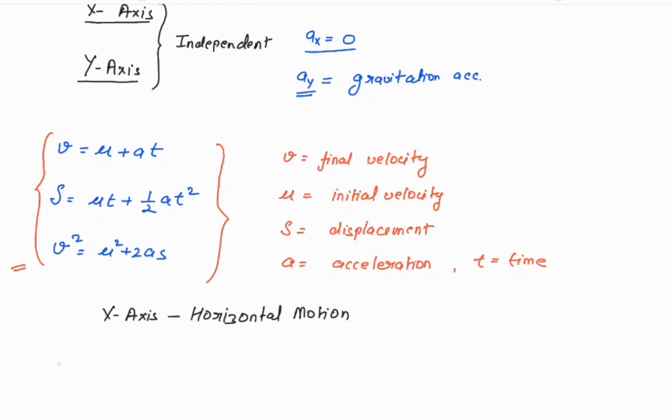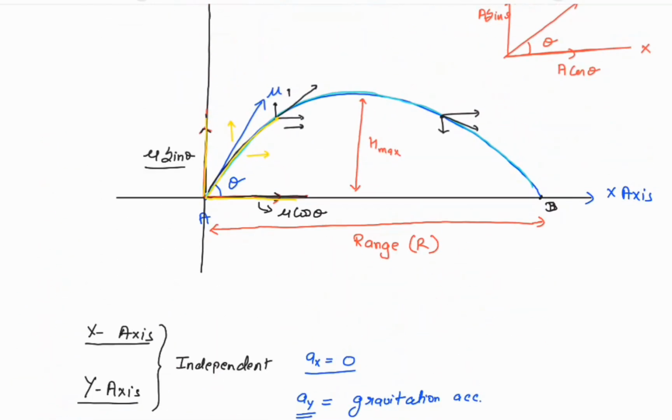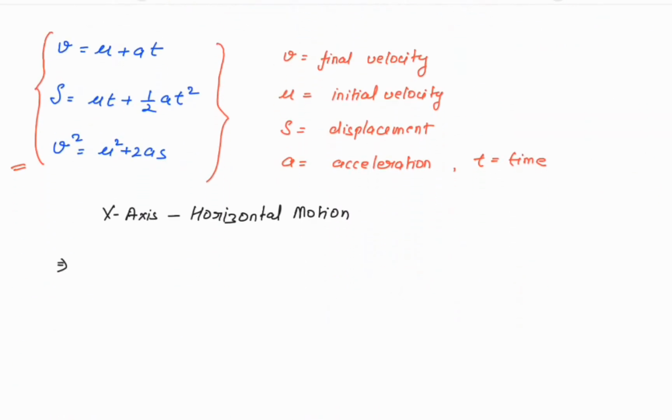Okay. Now look at this diagram. When we are discussing the horizontal motion, what is the initial velocity? You will see this is the initial velocity for the horizontal motion. It means I will write the initial velocity along the x-axis as u cos theta.